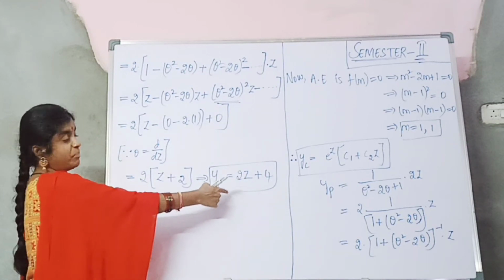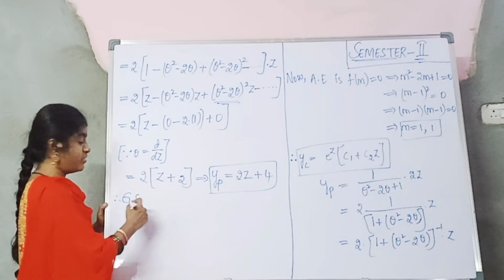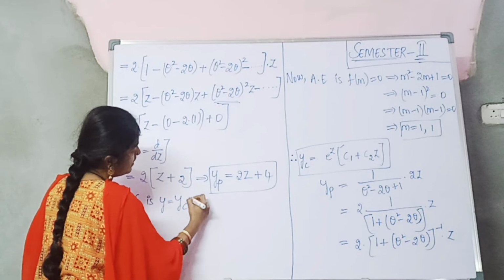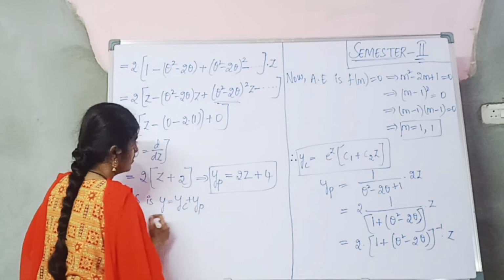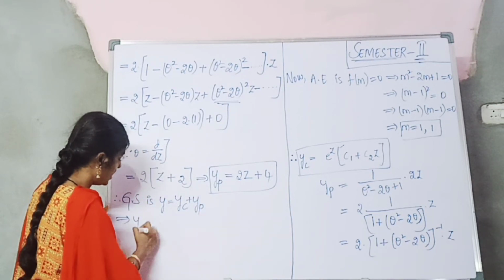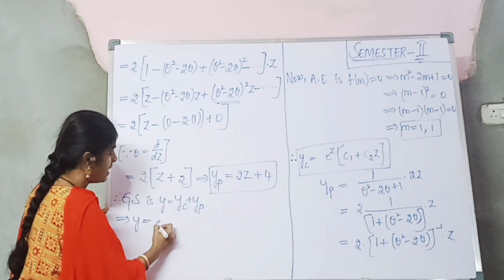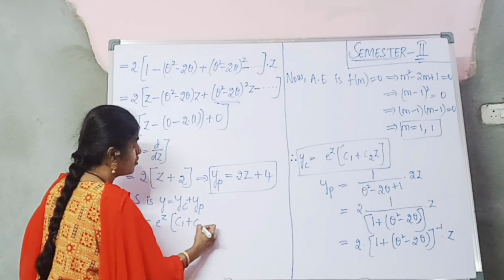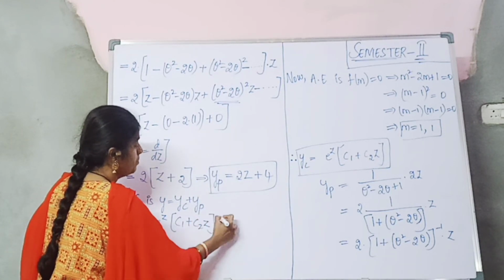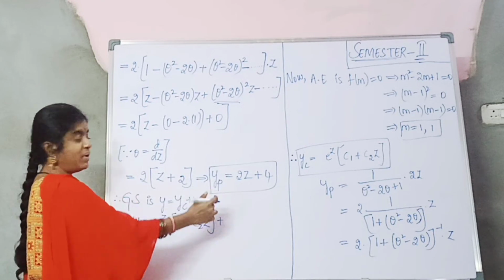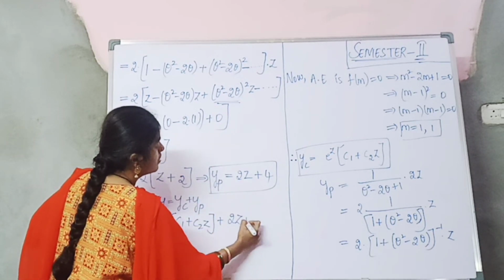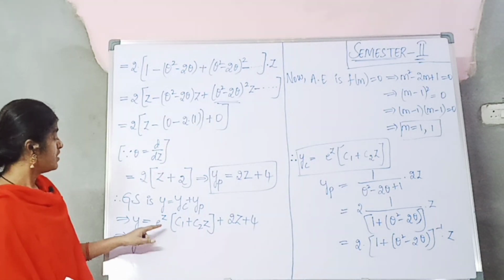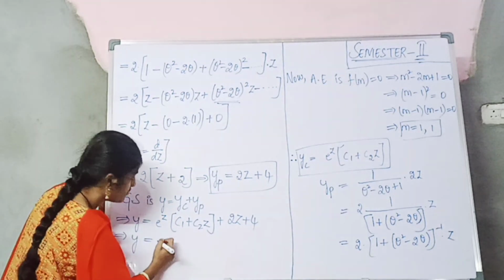After finding the particular integral, what do we have to find? The general solution. Therefore, the general solution is y = yc + yp. So y = e^z (c1 + c2 z) + 2z + 4. Now in the place of e^z we substitute x.